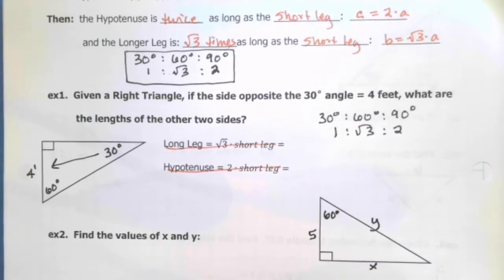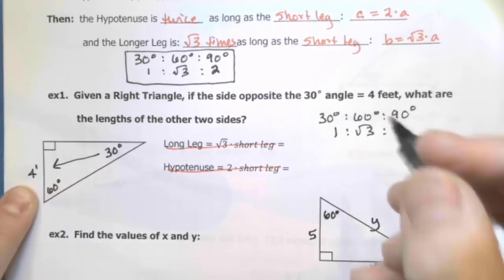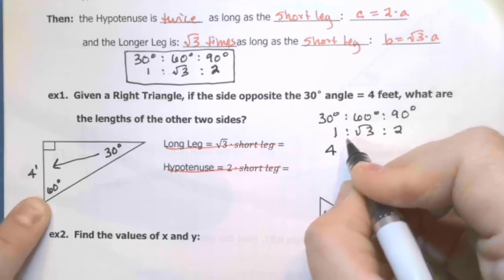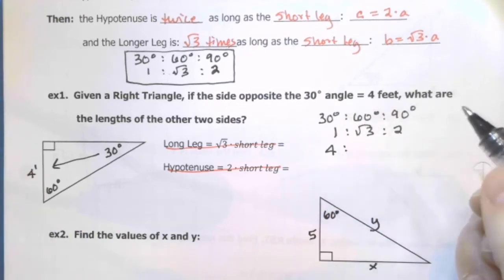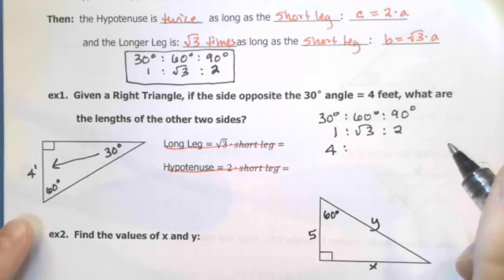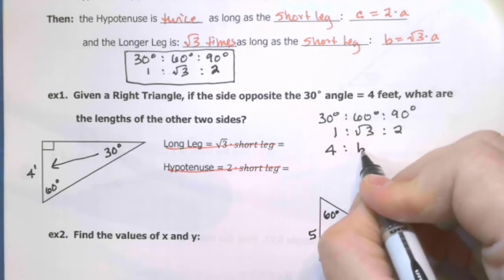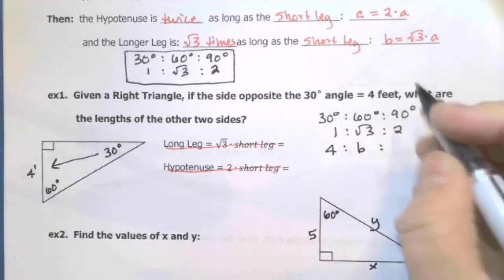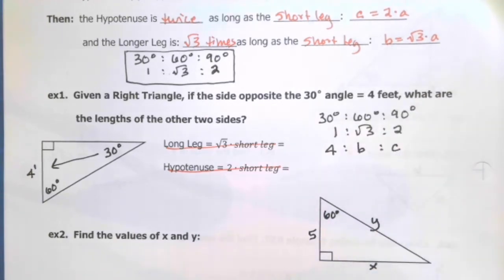Now, in the case of this problem, the side opposite the 30 degrees is 4 feet. I do not have the side opposite the 60 or the 90. I'm trying to find those. So let's call the side opposite the 60 lowercase b and the side opposite the 90 lowercase c.